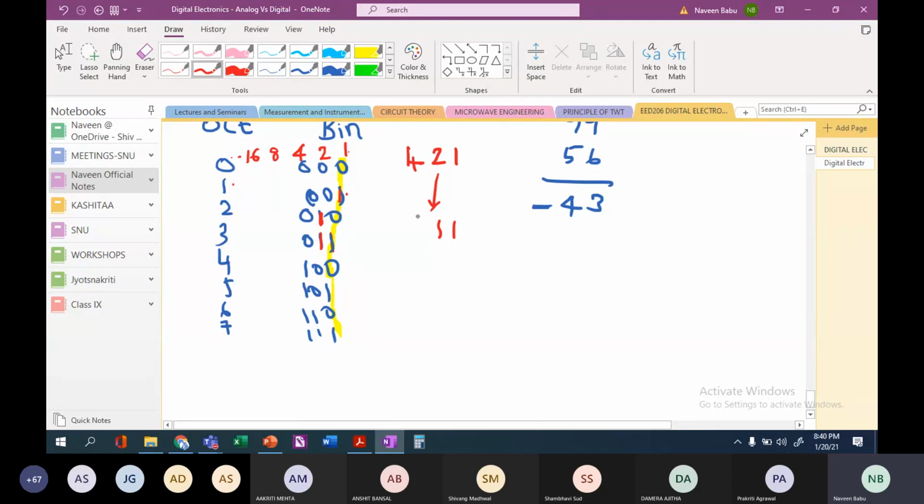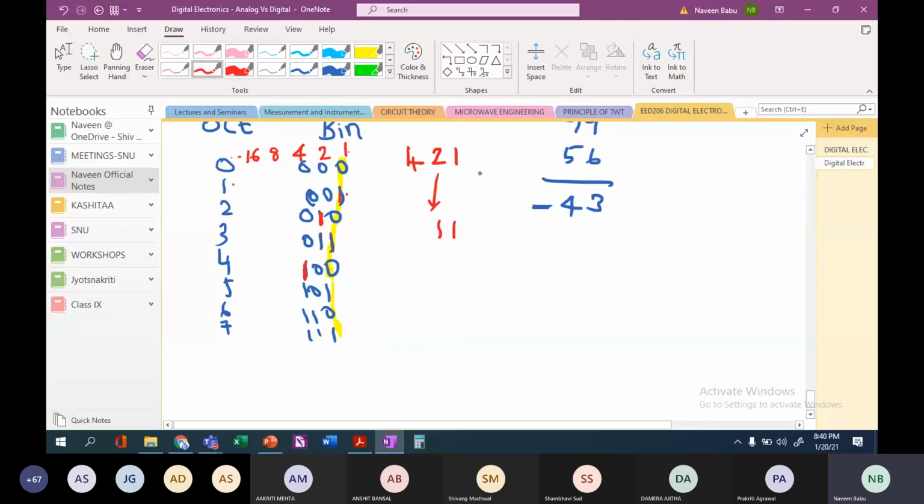And you need 4. 4, 2 plus 1 can make only 3, so since you need 4, only the positional weight of 4 needs to be 1 and the rest 0.